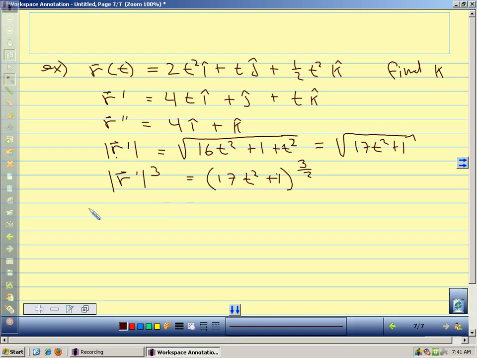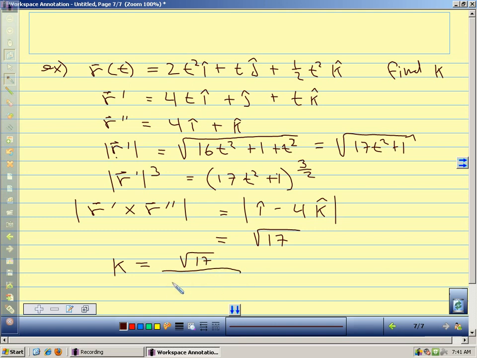And r prime cross r double prime, I'm not going to go through the cross product, but we end up with i minus 4k. And the magnitude is the square root of 17.